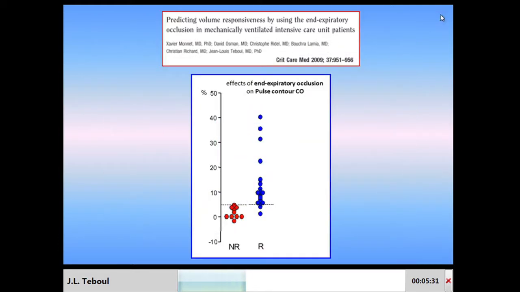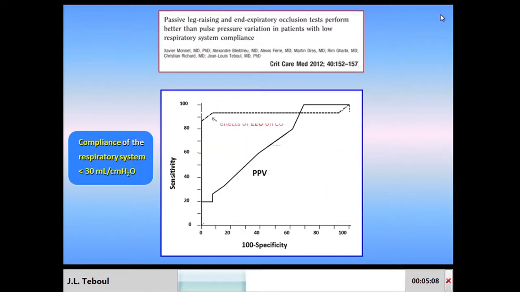This is what we did with Xavier Monnet. We used pulse contour analysis, and we found that patients who increased their cardiac output during this very brief maneuver were the same patients who were fluid responsive later, to a subsequent fluid challenge. And the opposite was true.